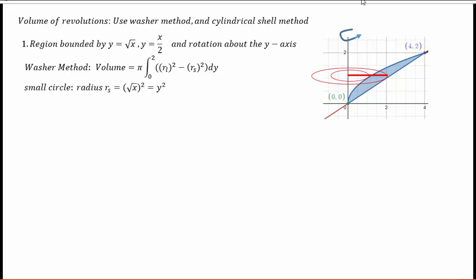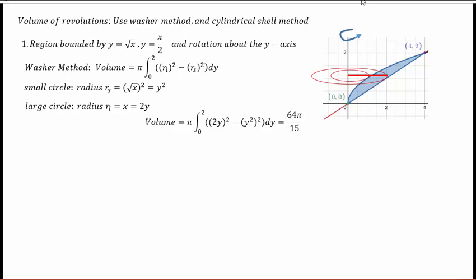Let us take the radius of the small circle. The equation we have is y equals square root of x, so we square it, and then x is y squared. And for the large circle we have radius rl, and in that case x is 2y.